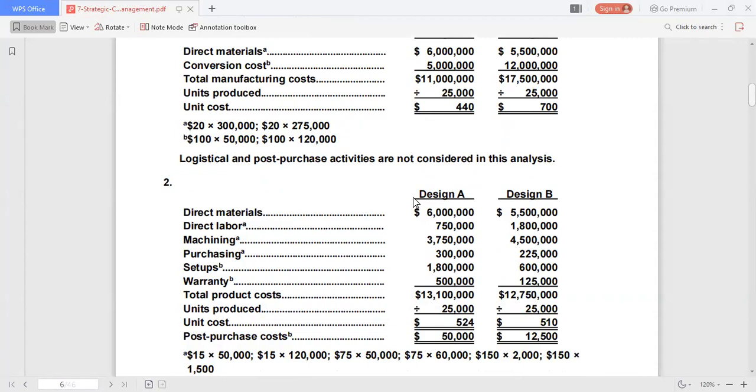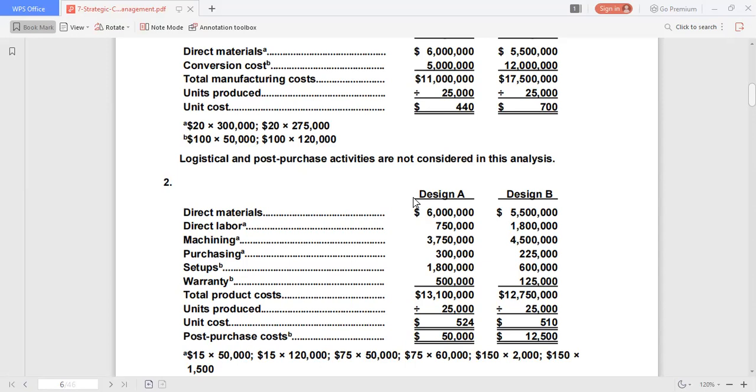Now for machining, we are multiplying the number of machine hours by the machining rate. So 75 times 50,000 and 75 times 60,000. So we have now the machining cost.